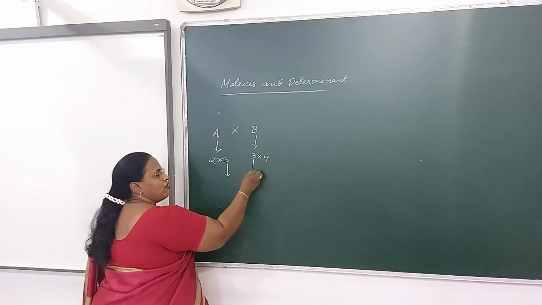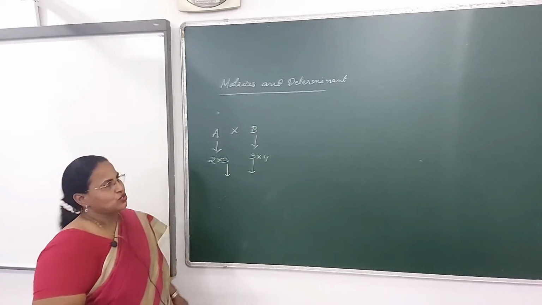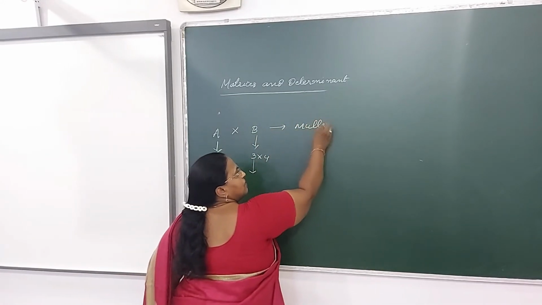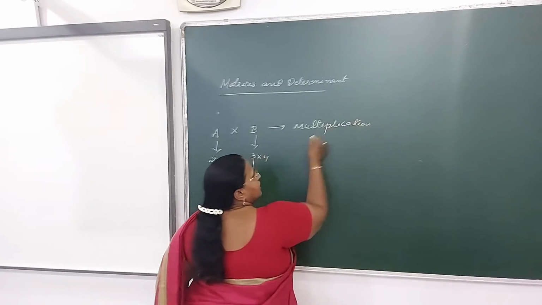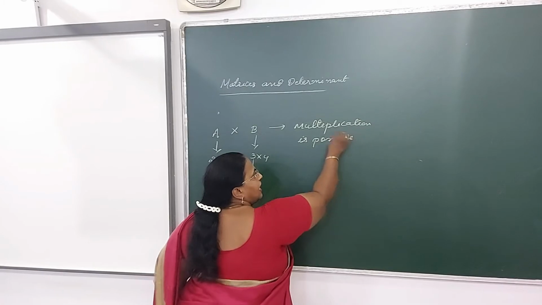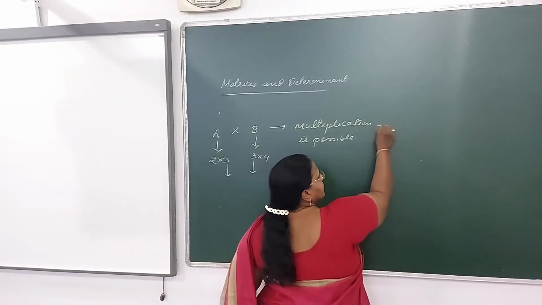The number of rows of the second is 3. That means both are equal, so definitely multiplication is possible.